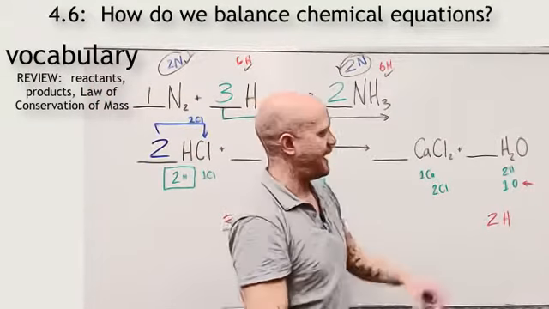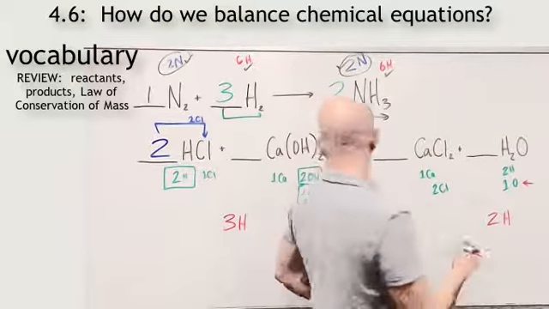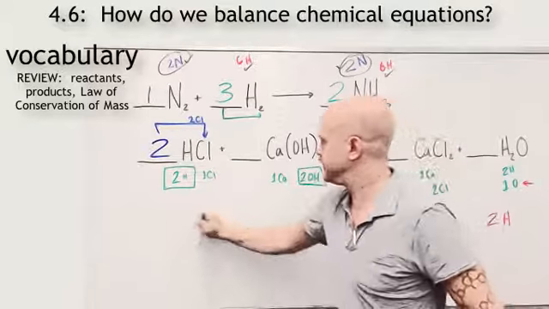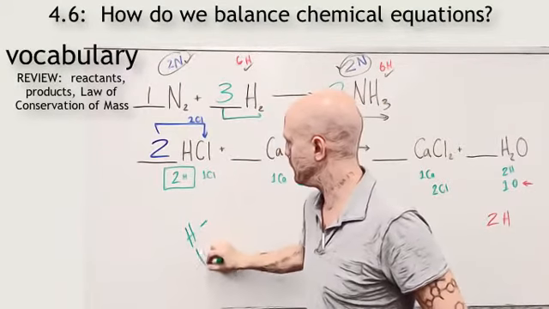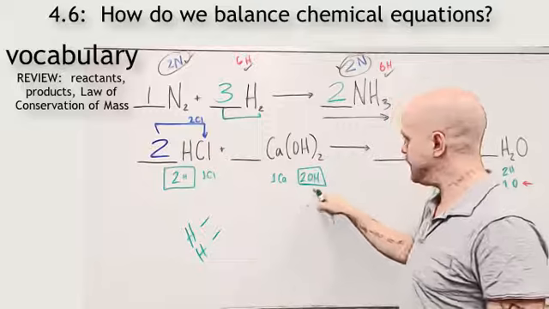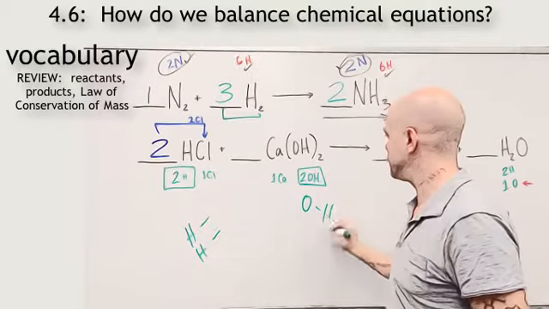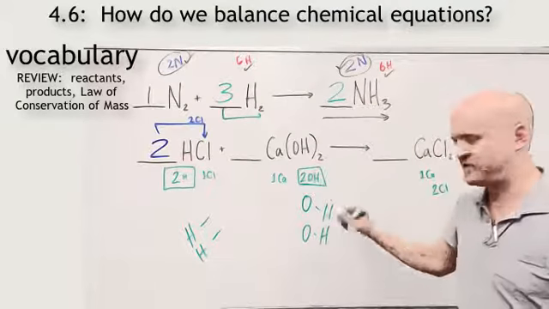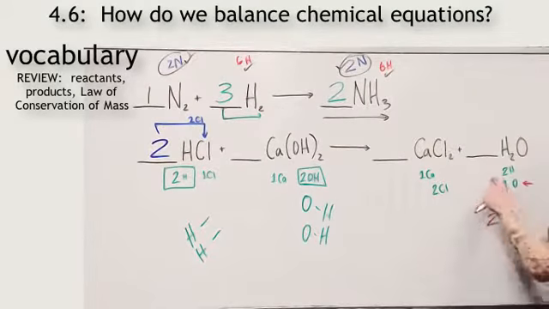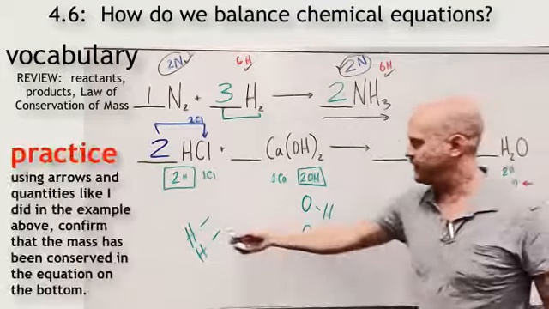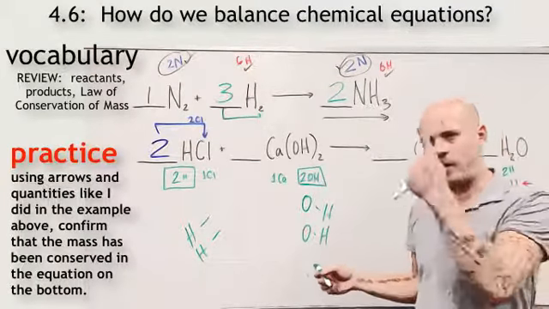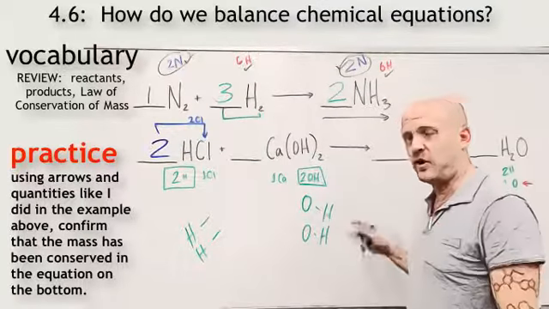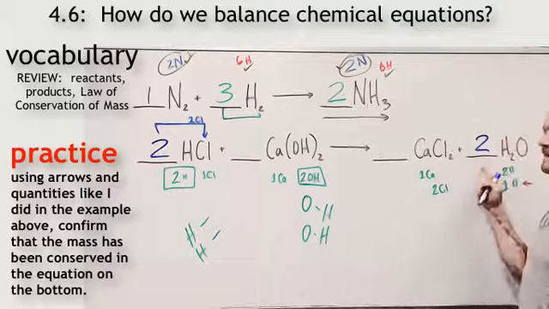Now if I go over here, I have 2 H's and 1 O. Remember, I needed a total of 2 H's and I needed 2 OH's on the other side. 2 H's plus 2 OH's. How many waters does that make? Again, H plus OH makes 1 water. H plus OH makes 2 waters. 2 H's, 2 OH's makes 2 waters.